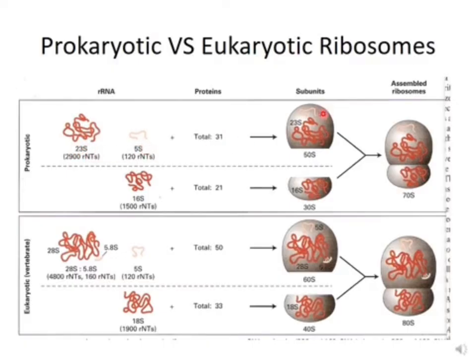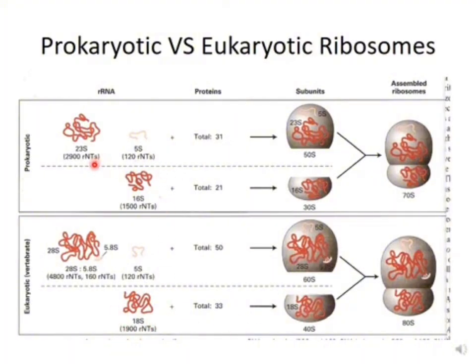They make up the larger subunit in the prokaryotic ribosome, where there is the 16S rRNA that makes up the smaller subunit in the prokaryotic ribosome. Whereas in the eukaryotic ribosome, there are three separate RNAs that make up the larger subunit on top, and one RNA that makes up the smaller subunit at the bottom.